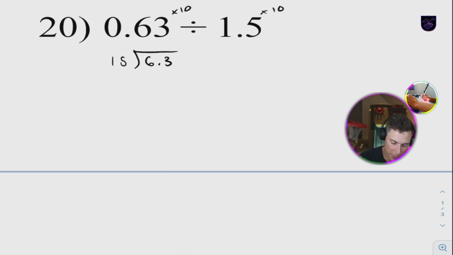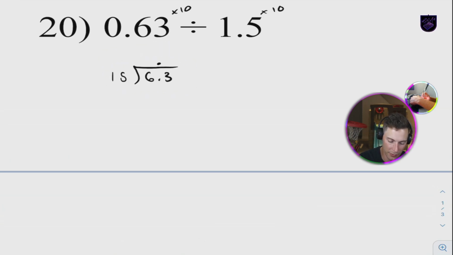and 6.3. Now remember, when you have a decimal as a dividend, you line up the decimal on top. Line it up on top. So we're going to go, does 15 go into 6? No, it does not. Does 15 go into 63? Yes, 4 times.